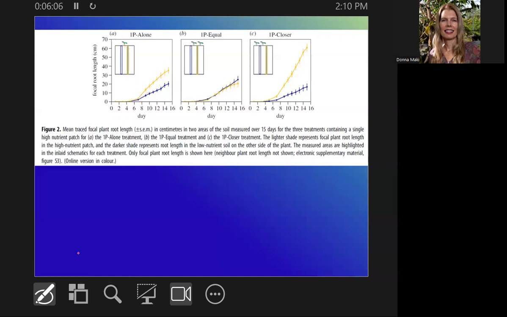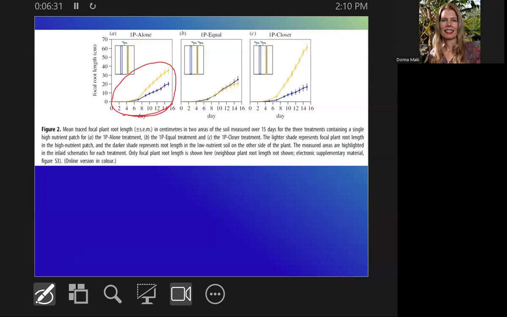But they find with the data, it was kind of even Steven. You can see that these two are kind of lining up. There's no obvious difference. So that plant was growing roots out to the left and to the right. And the only difference is that there's a neighbor plant next to it. And you can clearly see that it changed its behavior.